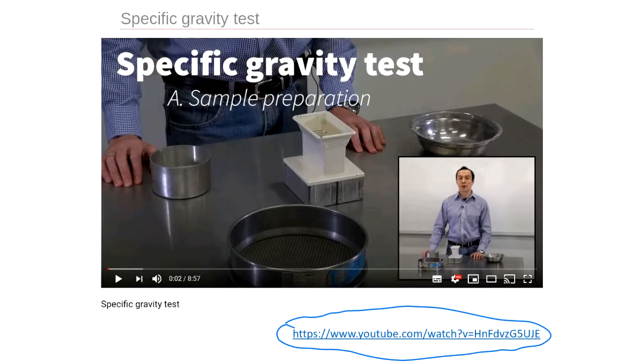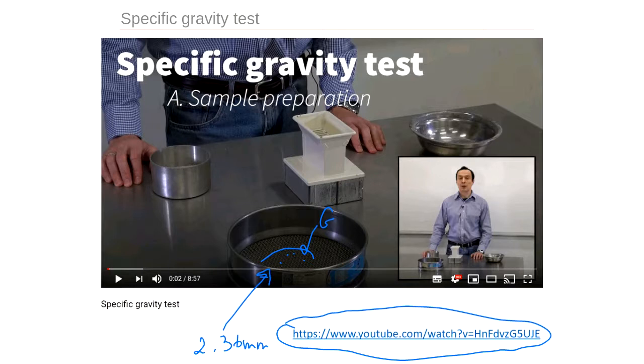We sieve it through, you see this is the sieve, and the sieve is 2.36 millimeters. I hope you already know by now that it's the boundary between gravel and sand. Whatever is left here when we sieve it is going to be gravel, and we're not going to use it. We only use the material that passes through, which is sand, silt, and clay. This is one of the requirements for this test.